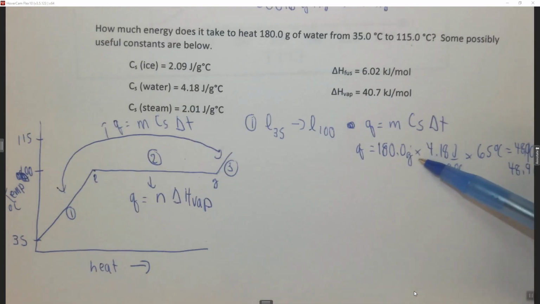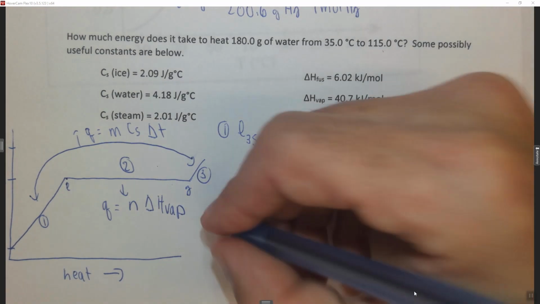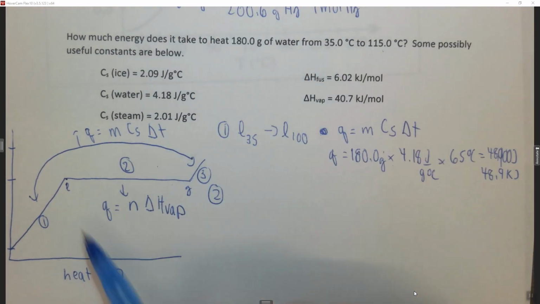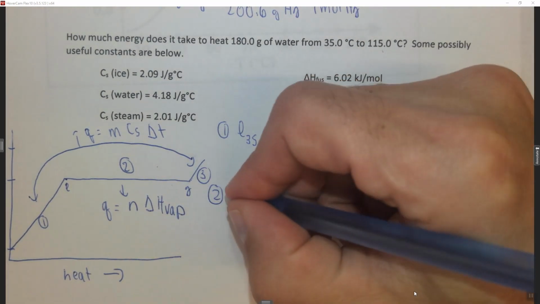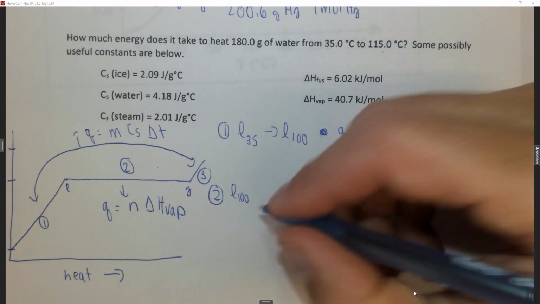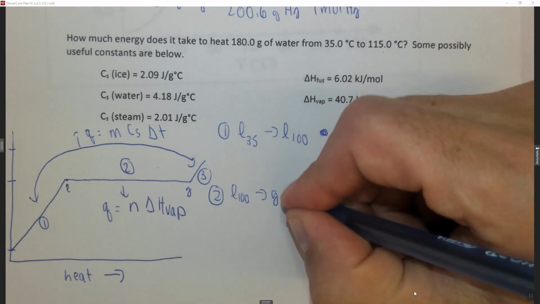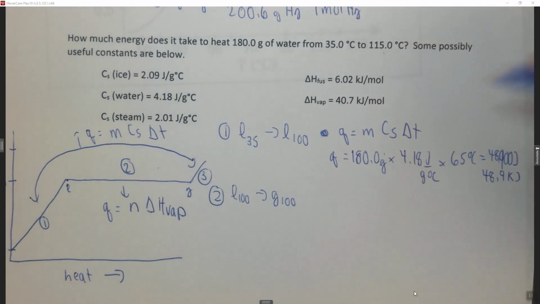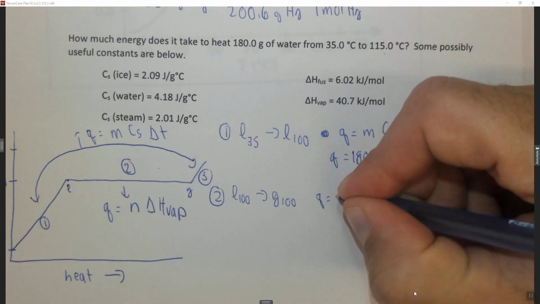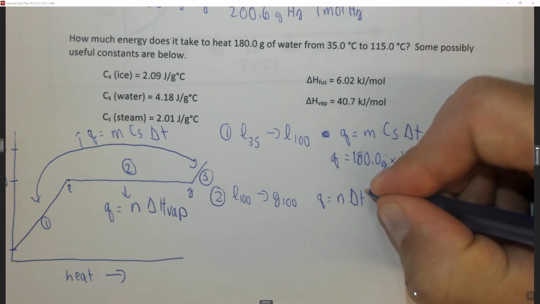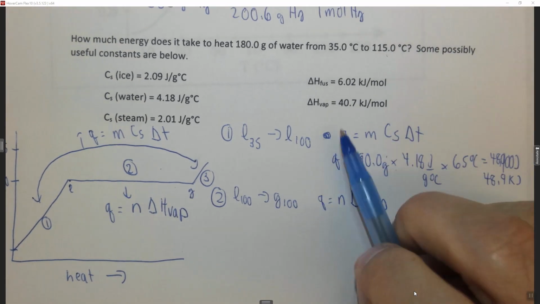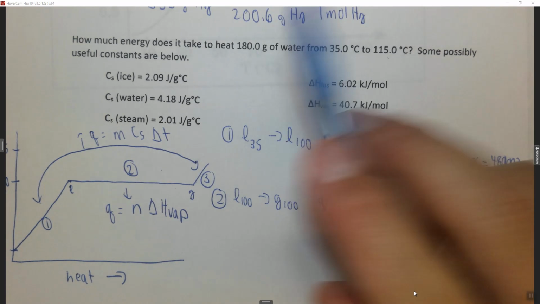Let's look at section 2. Section 2 is from a liquid at 100 degrees C to a gas at 100 degrees C. Here, Q equals n times the enthalpy of vaporization, which is given right here. But we need to find moles.